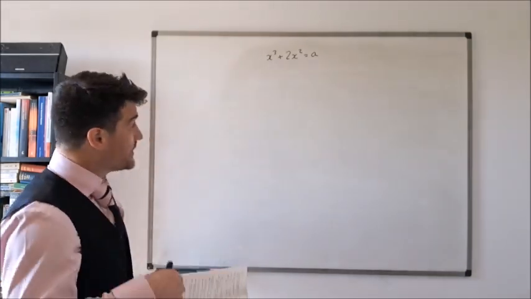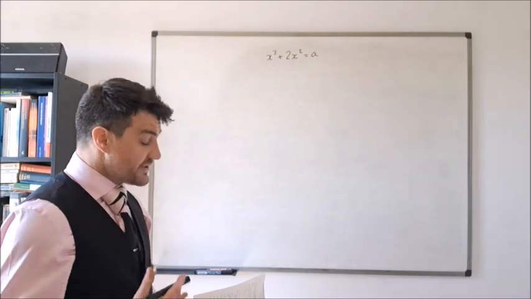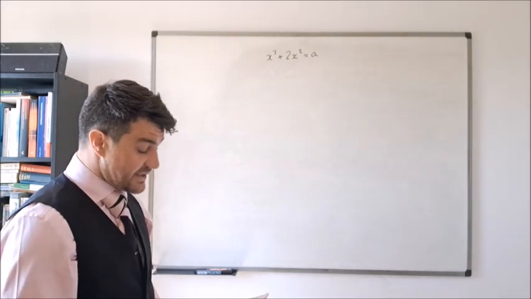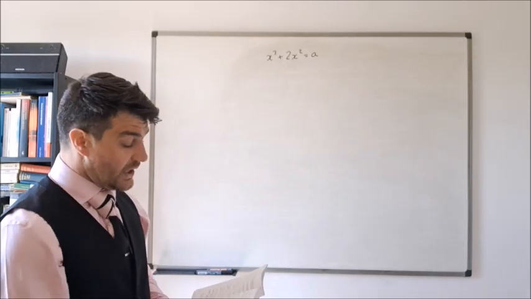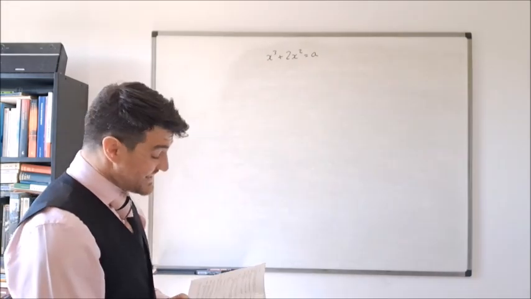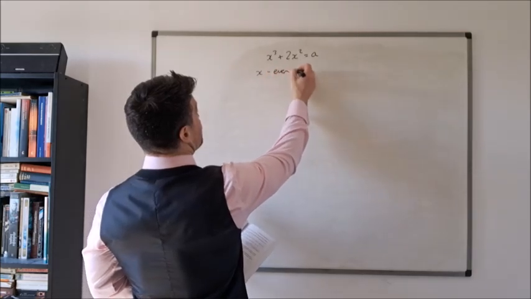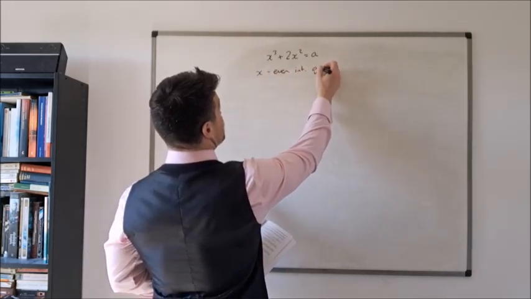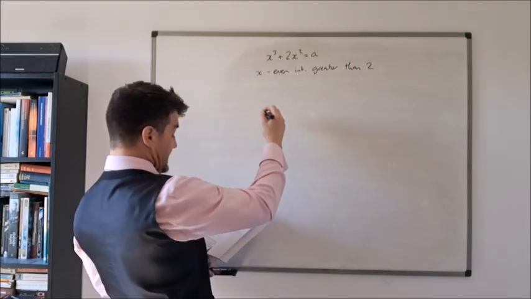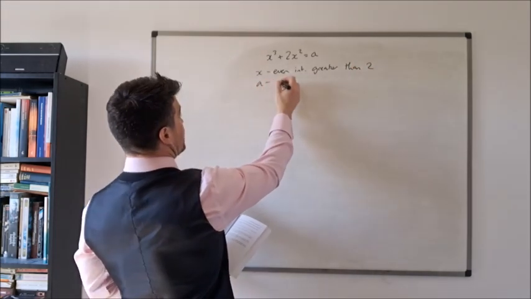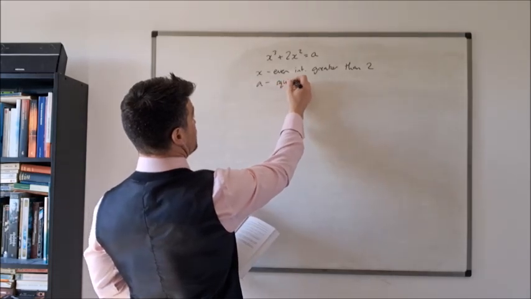So in other words, the new problem that we've got to solve is the following. Find the smallest value of x satisfying the condition x cubed plus 2x squared equals a, where x is an even integer greater than 2, and a is the square of an integer, so it's a square number.